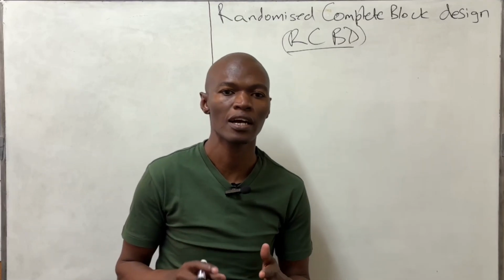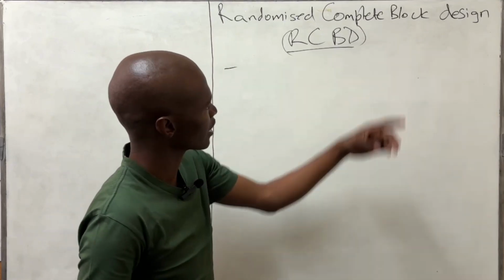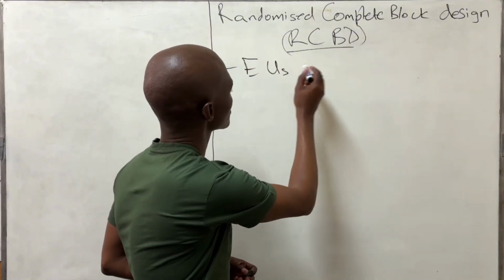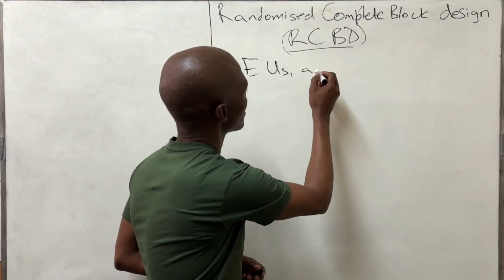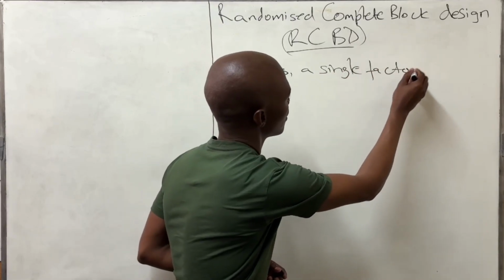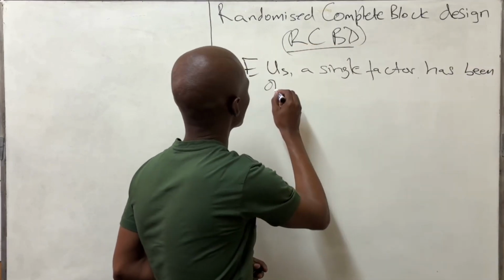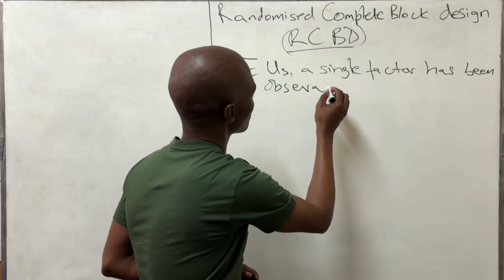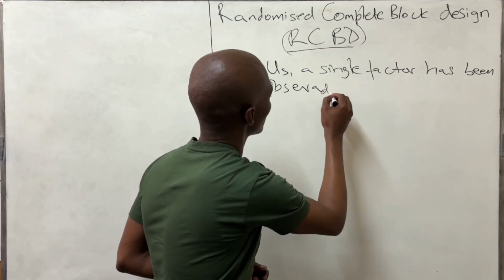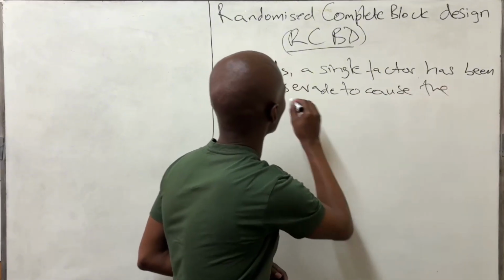Randomized complete block design is one of the experimental designs that we use in agricultural experiments, whereby in the experimental units a single factor has been observed to cause the variation.